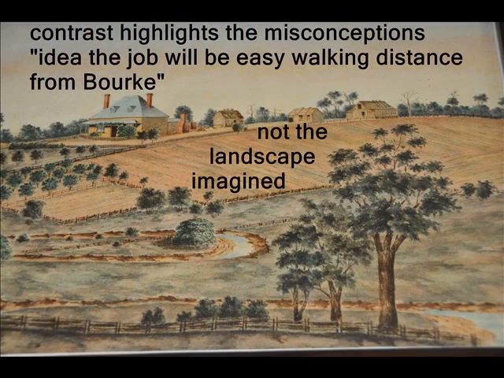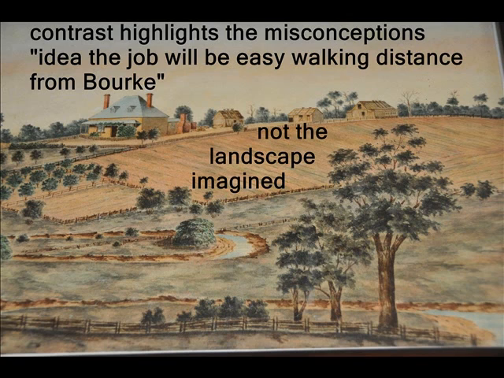Again, there's a bit of contrast. He highlights the misconceptions that these young men in these starch collars hold, first of all by wearing starch collars, second of all by struggling, and the idea that they feel that their job will be easy walking distance from Bourke.